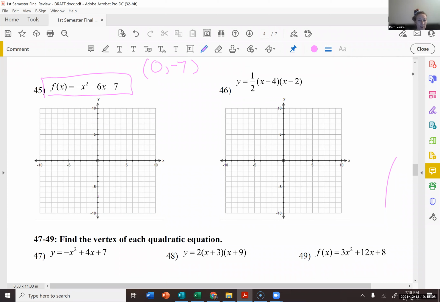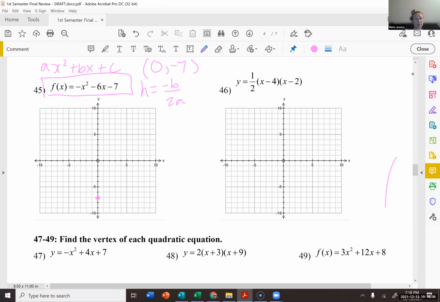So plotting that right here, that's the one piece of information I know, in addition to knowing that the a value is negative. So this is again going to be facing down. So remember, we use h is equal to -b over 2a when we have standard form. And standard form says ax squared plus bx plus c.